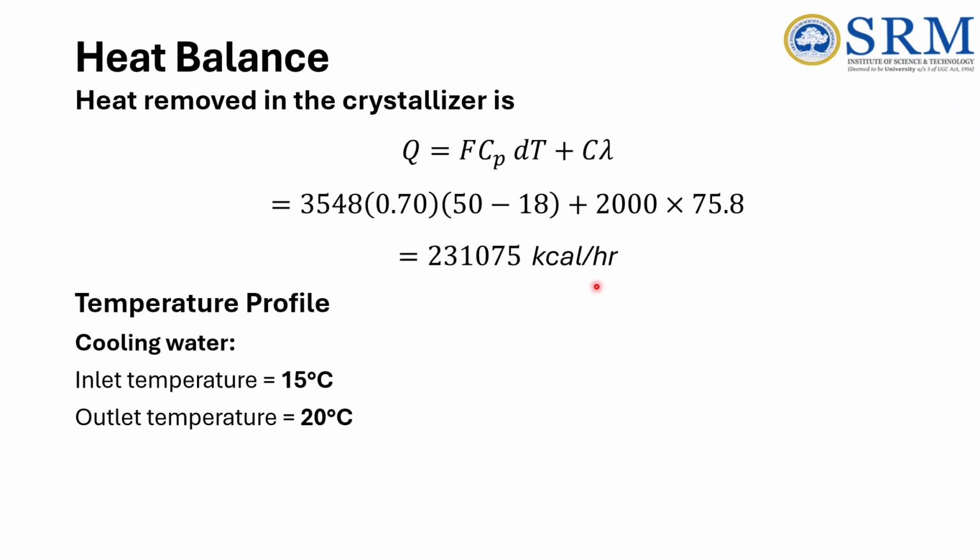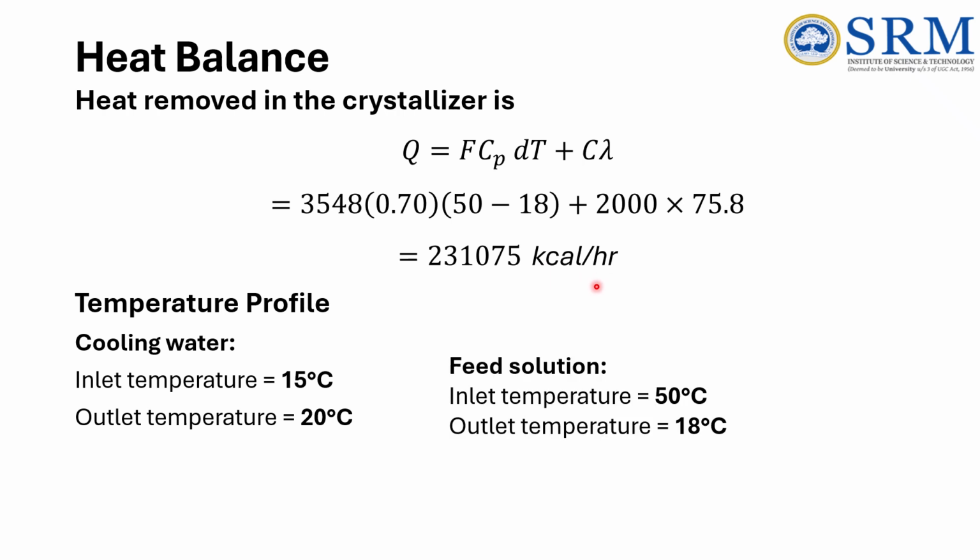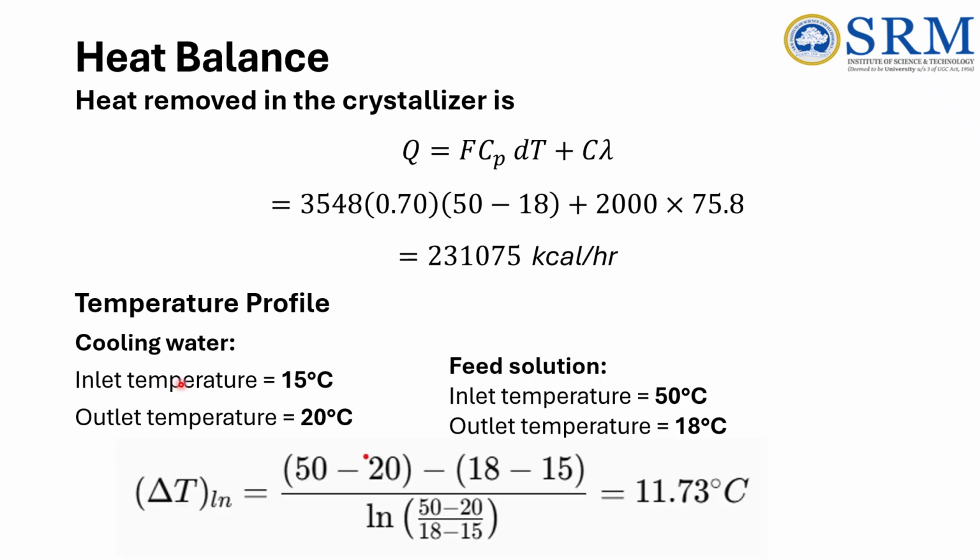So coming to the temperature profile, we know cooling water is used for removing the heat, and the feed solution is cooled from 50 to 18 degrees Celsius. So here it occurs in a counter current manner. So you can use LMTD for counter current, and you can find the LMTD values.